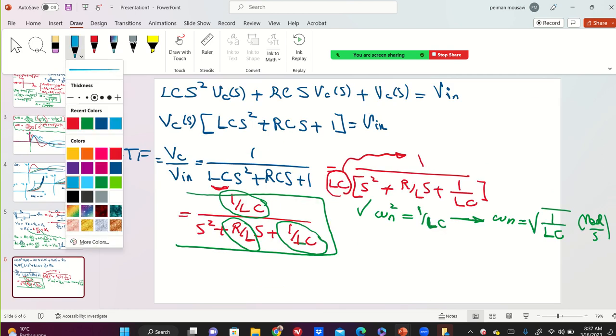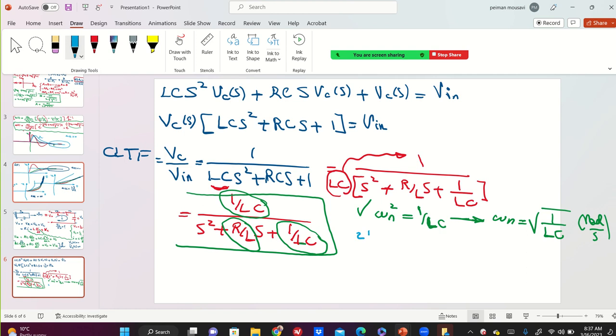So 2 zeta omega n is R resistor over inductor. Agree, everyone? So from here you get that the damping ratio of the RLC circuit, which is interesting, is R over 2 L omega n.